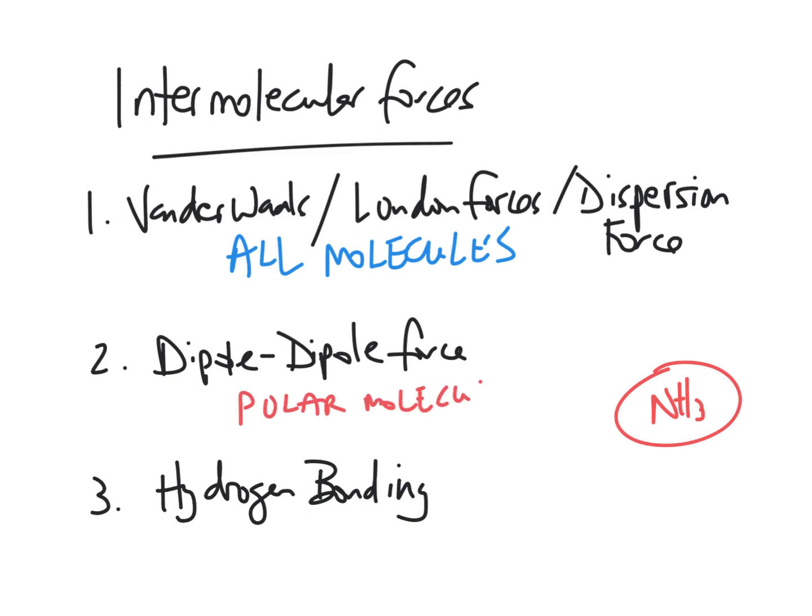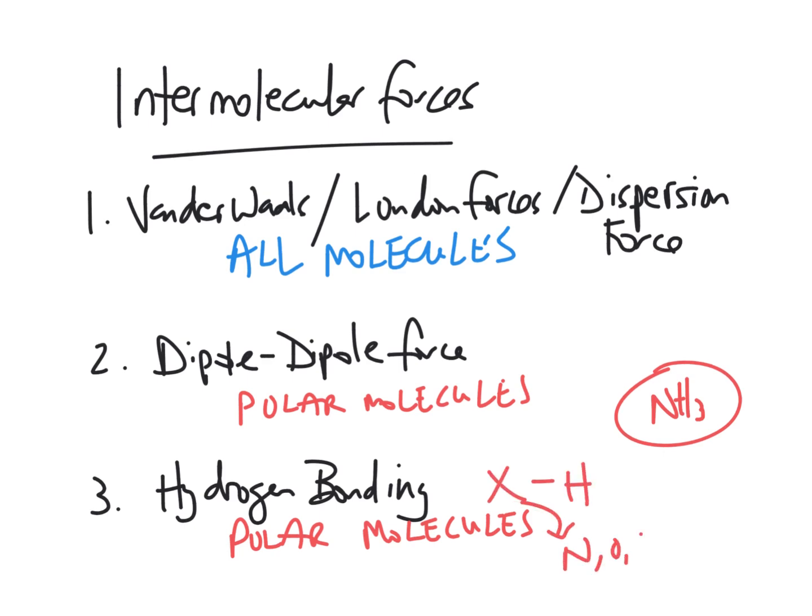Same goes for the hydrogen bonding type of intermolecular force, which is an extra strong version of dipole-dipole force occurring among tiny molecules which have N, O, or F bonded to a hydrogen. These only occur among polar molecules, and they're the strongest intermolecular force.